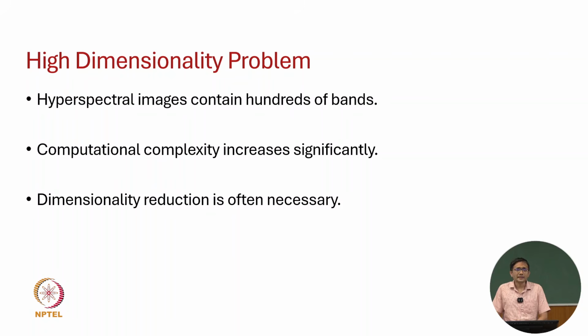Thus, many hyperspectral image processing pipelines indeed use dimensionality reduction as a pre-processing step. Dimensionality reduction is something we will study after anomaly detection. However, there is another challenge with respect to this: we cannot just reduce the dimensionality too much, because then we will lose information, whereas working with all the given bands is also sometimes challenging.